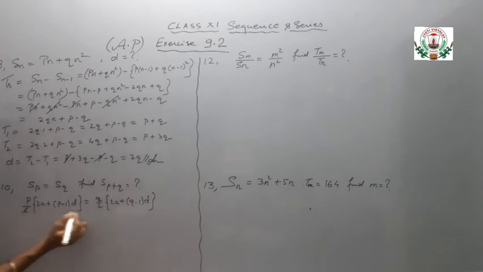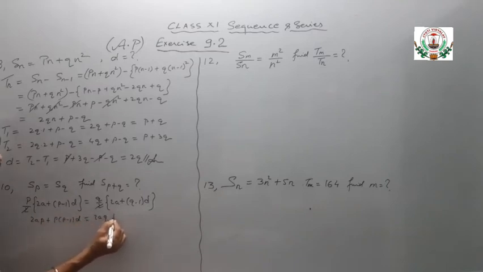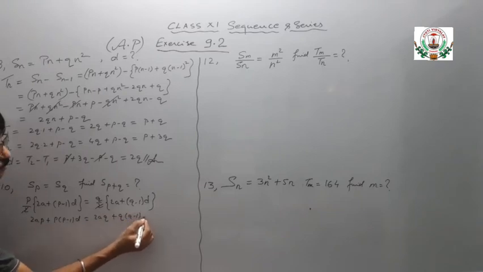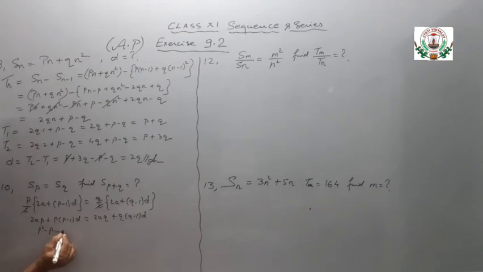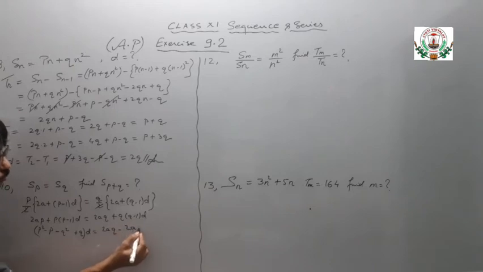So this 2 and 2 I can cancel out. 2ap plus p into p minus 1 into d equals 2aq plus q into q minus 1 into d. So p square minus p minus q square plus q into d equals 2aq minus 2ap.